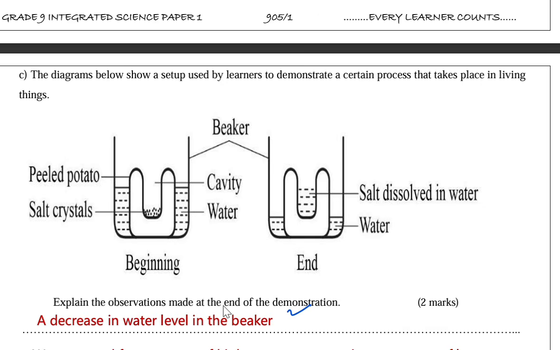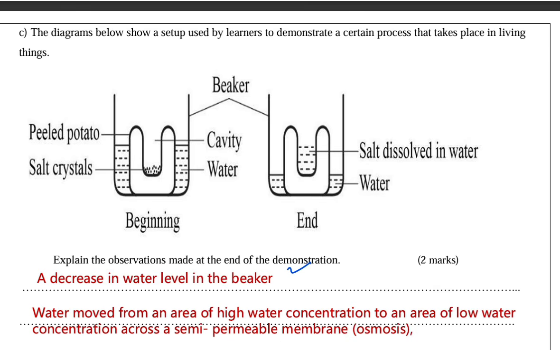The reason is because water moved from an area of high water concentration to an area of low water concentration across a semi-permeable membrane, and that process is known as osmosis. So osmosis had taken place. So we get those 2 marks.